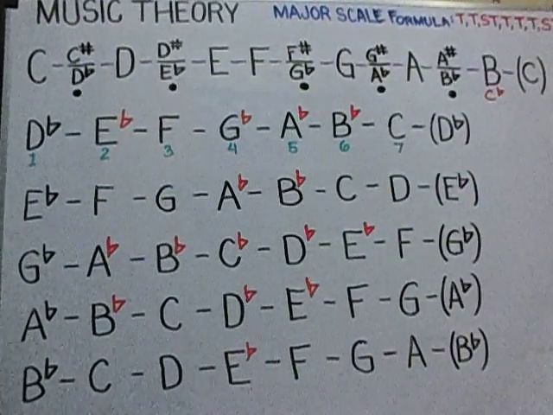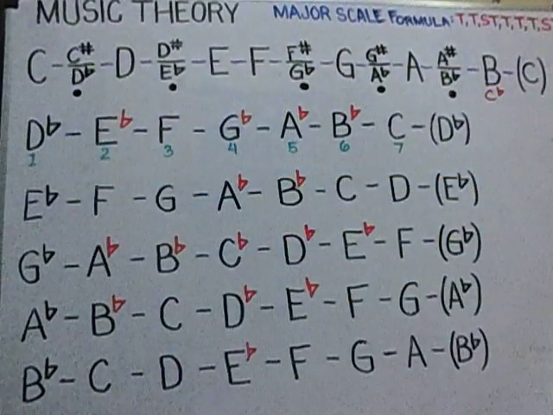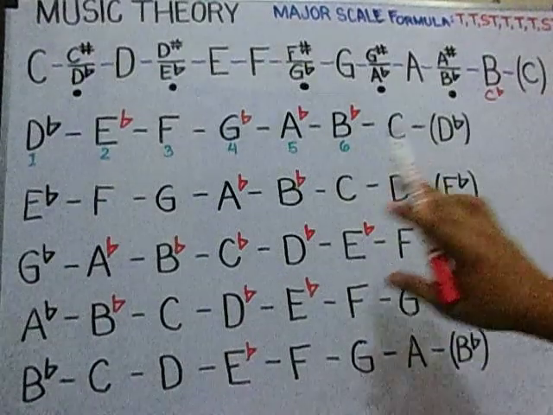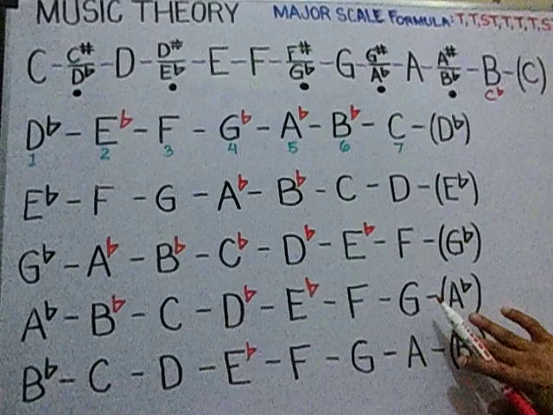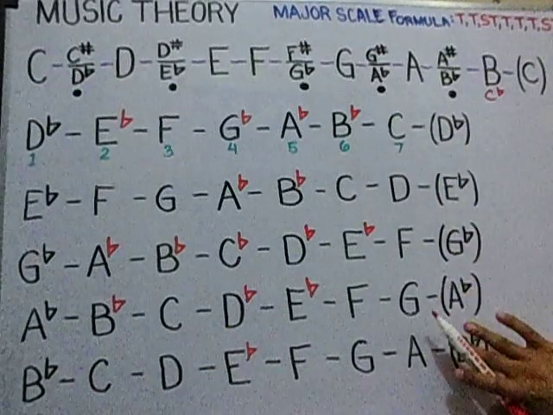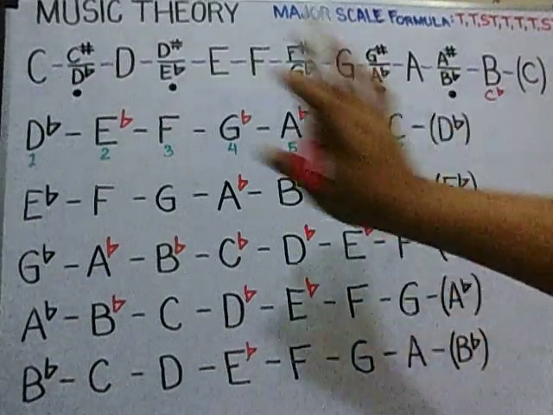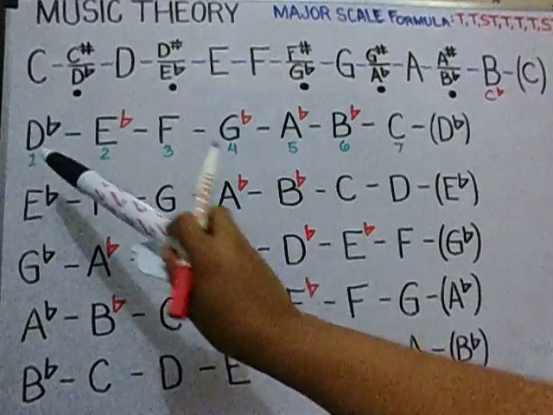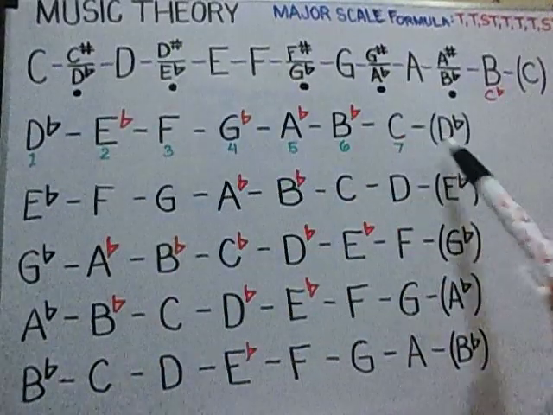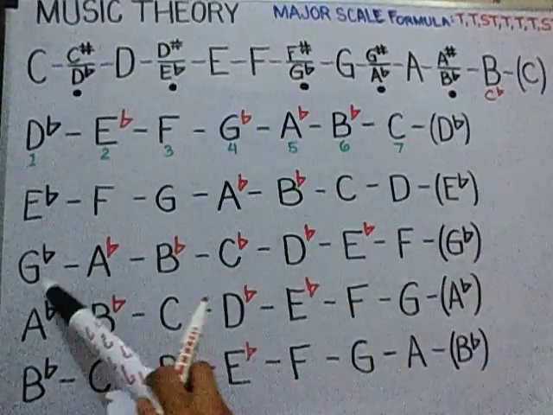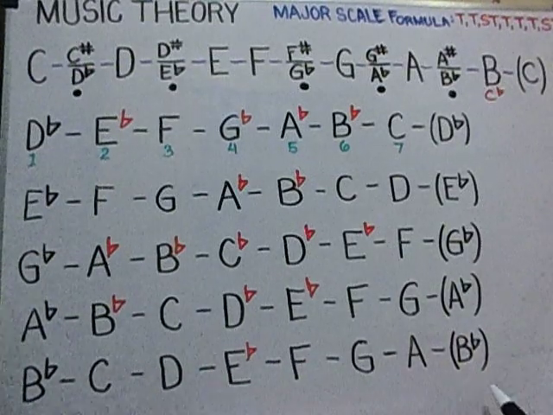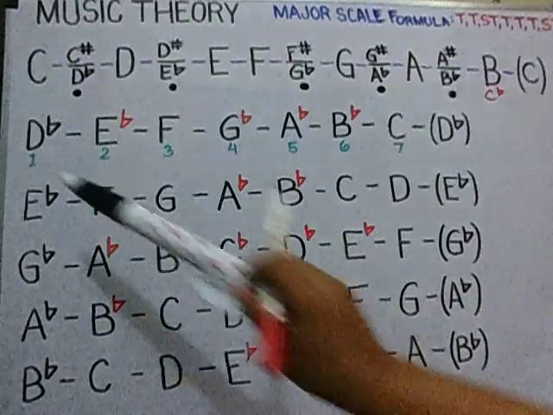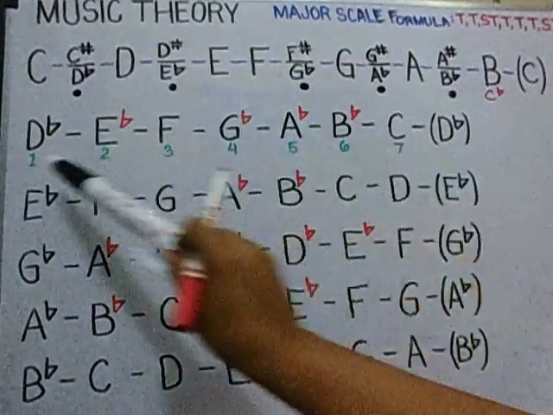First of all, we won't consider the eighth note of each major scale anymore, because it is just the same as the first note. So we'll just consider the 7 different notes.